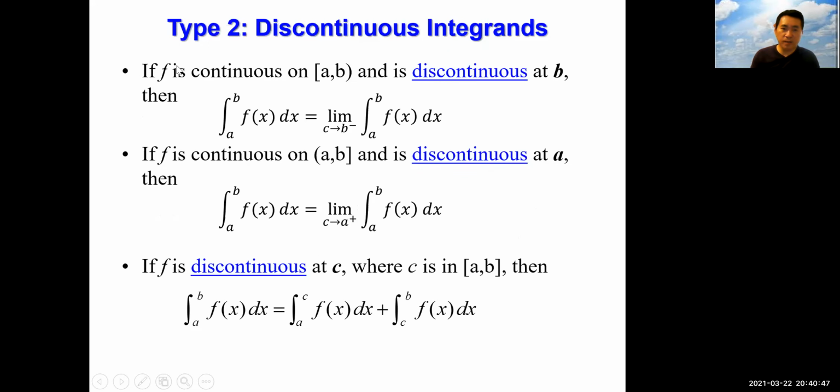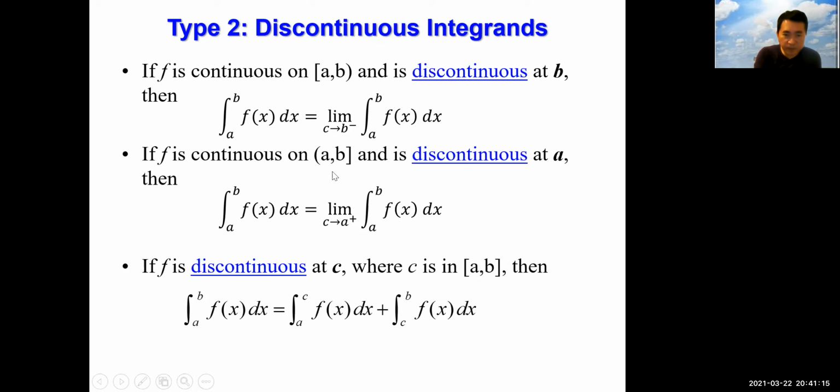Right, so case 1: if the function f is continuous on the interval from a to b, closed at a and open at b, then it is discontinuous at b, the upper limit. In this case we're going to replace the b. There's a typo here in this PowerPoint slide.